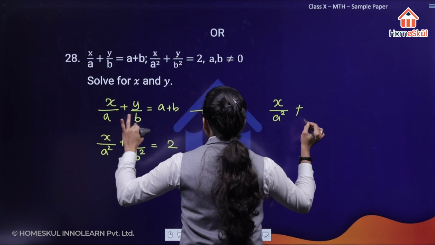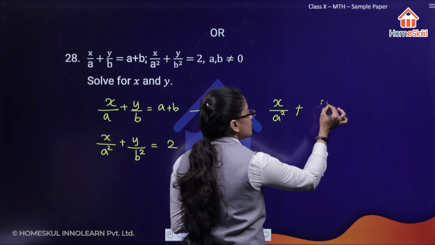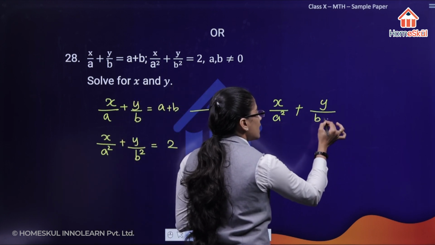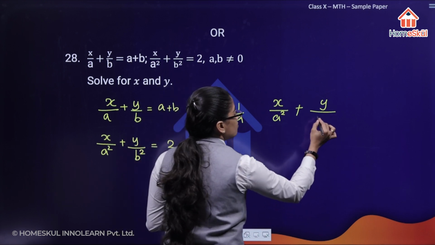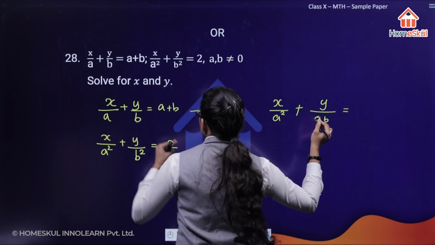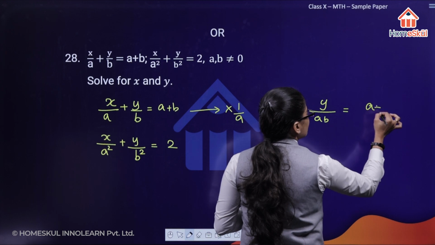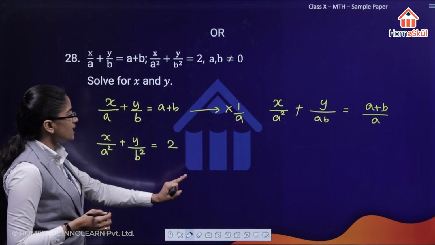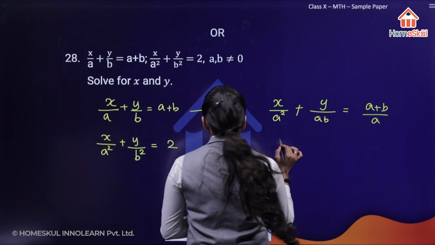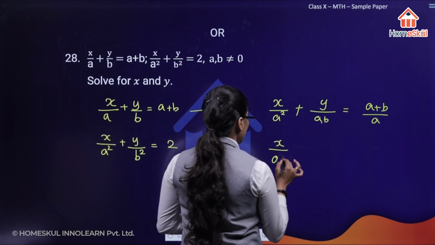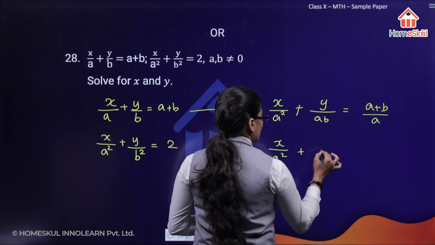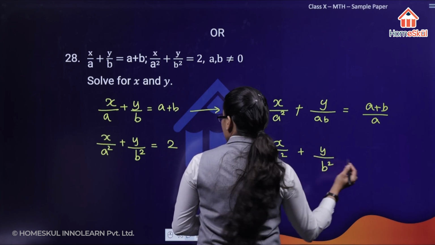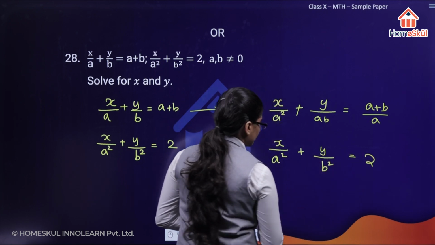Then y by b into 1 by a, that means y by ab is equal to a plus b divided by a. Now we will rewrite the second equation as it is, that is x by a square plus y by b square is equal to 2.